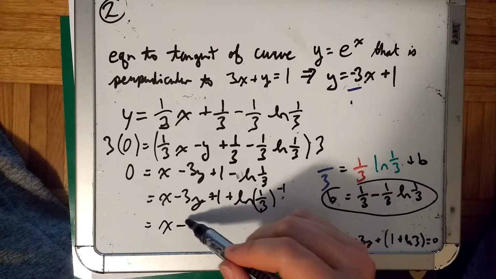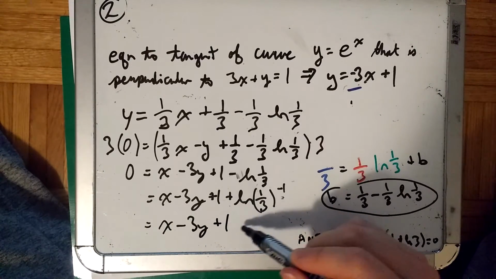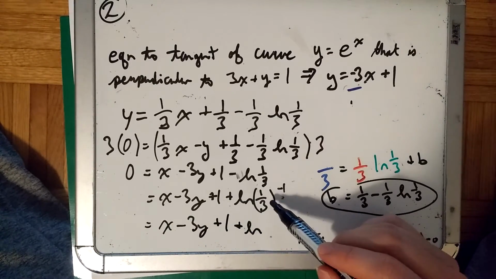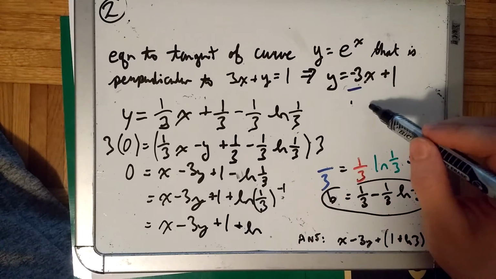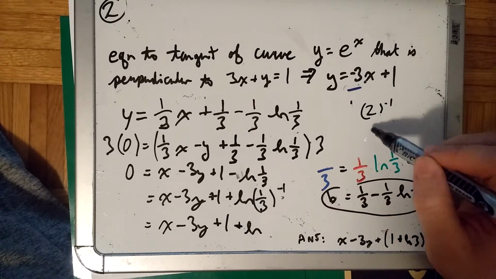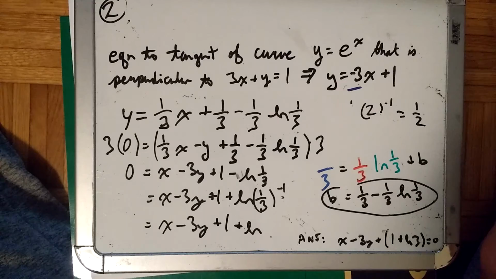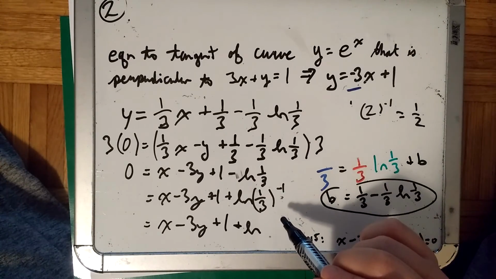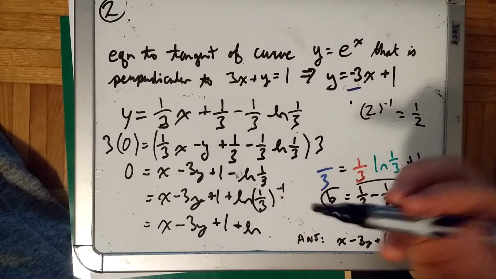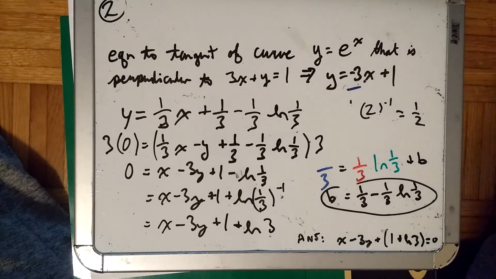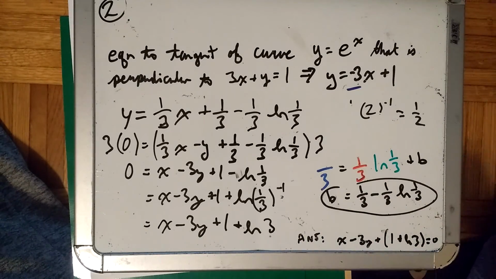Okay, so y plus 1 plus ln this, because we know that, for example, 2 to the negative 1 is equal to 1/2. So we're taking the same kind of idea here. We're just flipping the numerator and denominator. We get 3, to the plus 1. And that is it for that question.